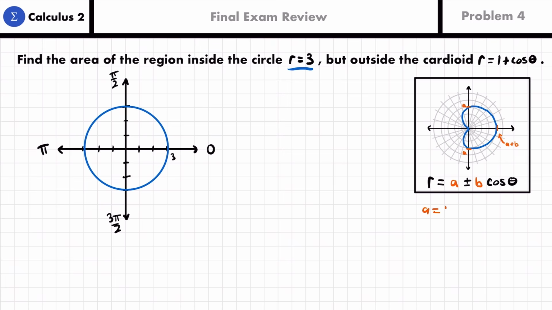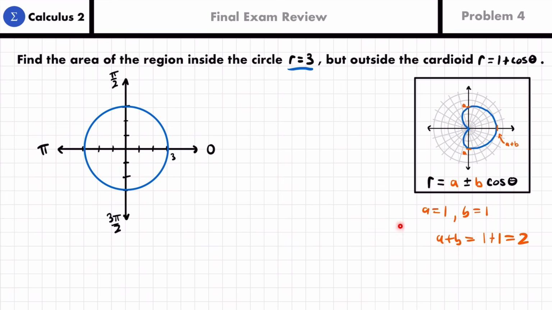So since a is equal to 1 and b is equal to 1, in our case, we know that the graph of that cardioid is going to start at the origin, but then cross through a radius of 1 above the polar axis and below the polar axis, and the cardioid will reach out to a radius value of a plus b. So 1 plus 1 is 2, right? A plus b equals 1 plus 1, which equals 2.